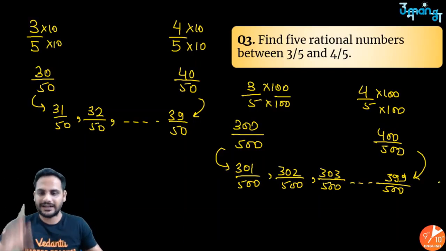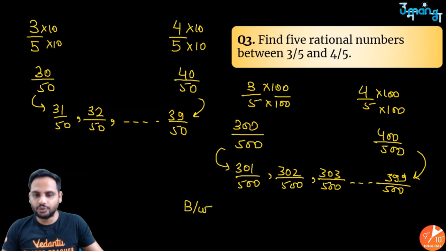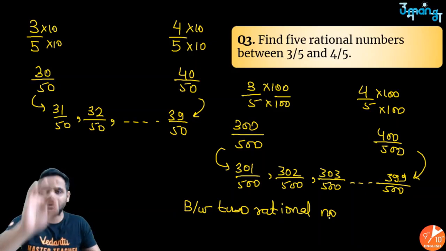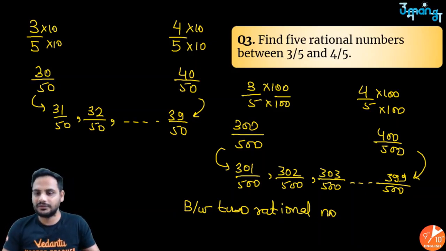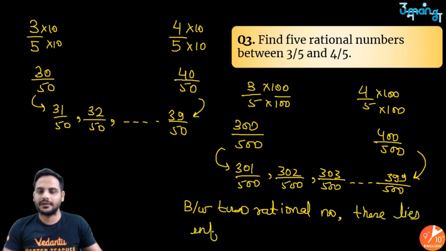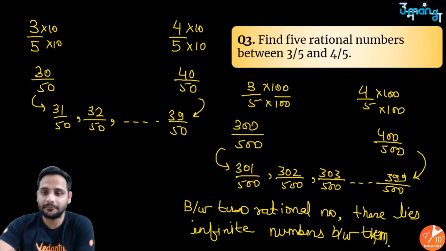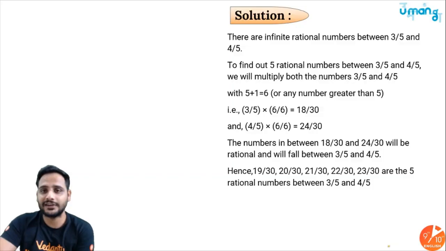So remember this thing: between two numbers, not only rational, irrational, anything, there lie infinite numbers between them. Got it? So this is how easily it can be done.